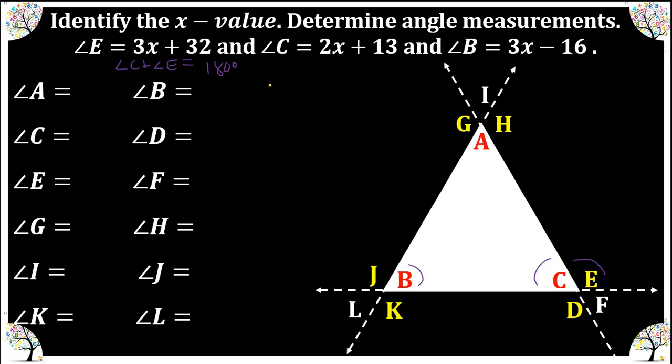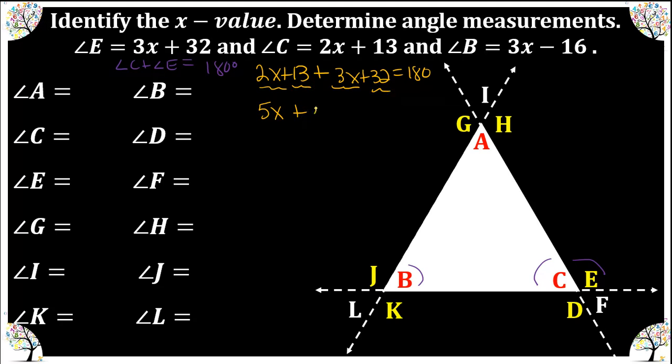So for angle C, I'm going to write 2x plus 13 plus angle E is 3x plus 32, and they total 180 degrees. Now we're going to combine our like terms. We're solving for x. Once we get x, we can plug it in and get these three measurements and then finish out our puzzle. And then we're going to add 13 and 32.